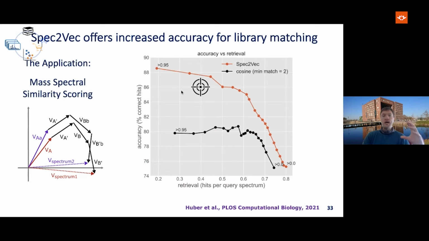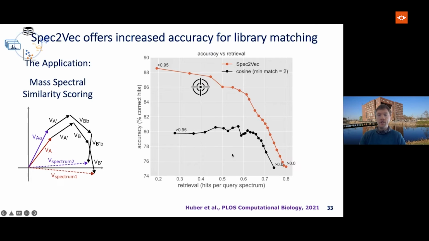So we use that to design a new way of mass spectral similarity scoring. And then we compare that to existing ways of doing this similarity scoring, for example, for the task of library matching. And there we could see, and this plot shows that, the accuracy, so the percentage of correct hits, is higher across the whole board than for the classical way of doing it.